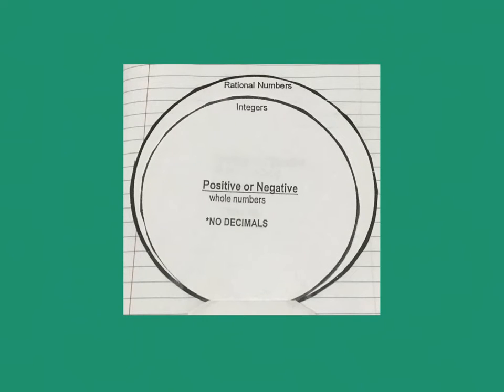Okay, next category is called integers. This one has positive. It also has negative, but it's only whole numbers. This says no decimals, but I also want to put in here no proper fractions.